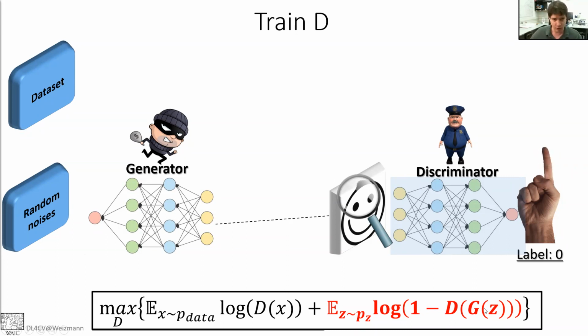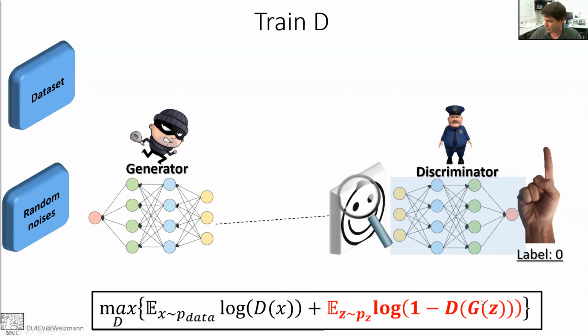So G of z is a fake example, and I want D of G of z to be as low as possible. I'm maximizing this whole thing, so I want D of G of z to be as close as possible to 0.